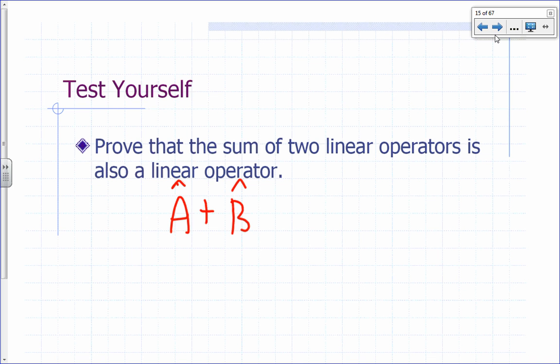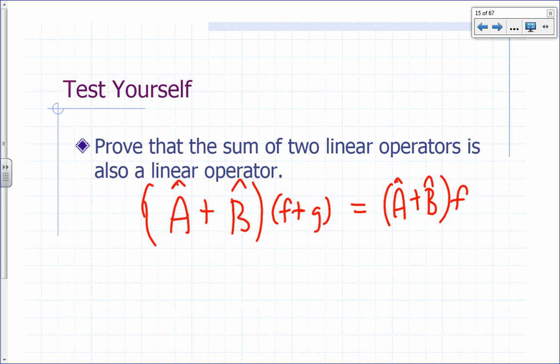So what are the conditions we need to satisfy? If you apply this on F plus G, that gives you A hat plus B hat F plus A hat plus B hat G, right?